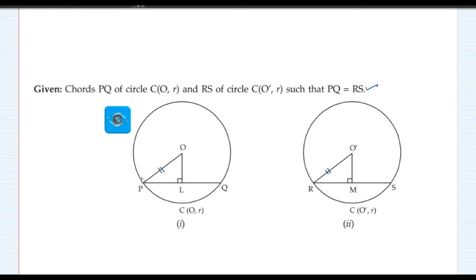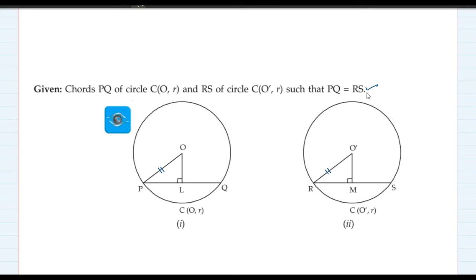In the proof we consider triangle OPL and triangle O dash RM. In triangles OPL and O dash RM, OP is equal to O dash R because it's given that these two circles are congruent, so their radii are equal. Angle OLP is equal to angle O dash MR, both 90 degrees.